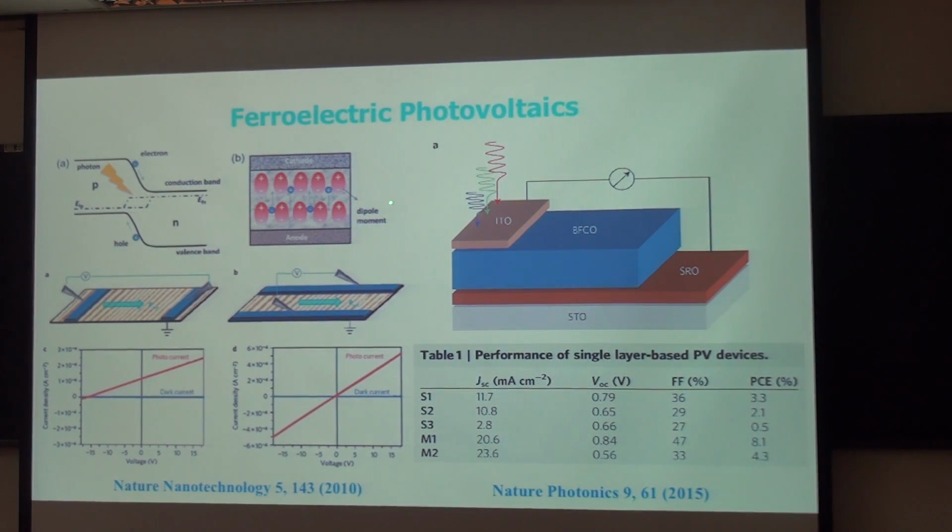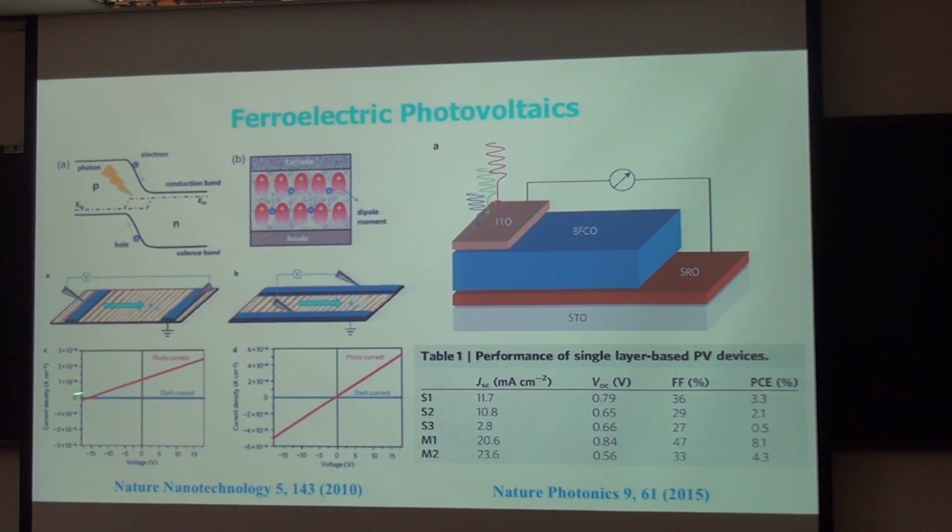But for the ferroelectric-based solar cell, the intrinsic electric polarization in the ferroelectric material will facilitate the electron-hole separation. In addition, the electric polarization will provide a large output of photo-induced voltage.